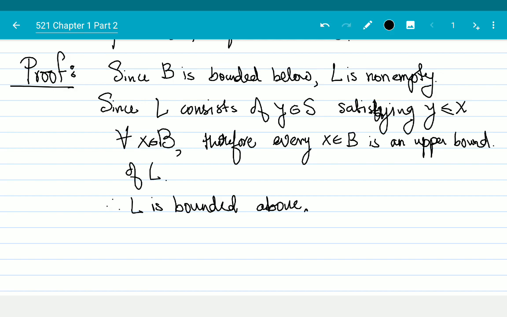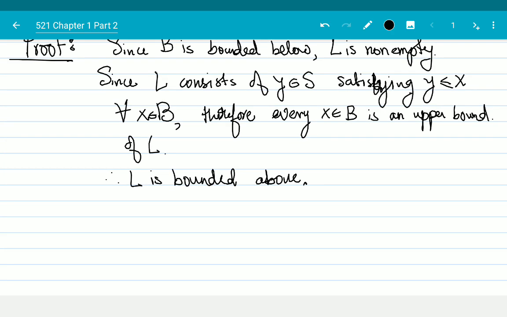L is bounded above because there is at least one element in B, because B is non-empty, that is an upper bound of L. Therefore, there exists a supremum of L. Therefore, L has a supremum. Call it alpha.